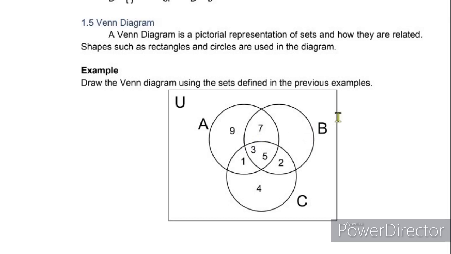As you can see, the numbers 7, 3, 5, 2 are inside set B because they are inside the circle of set B. Next is set C. It is represented by a circle in the lower part. As you notice, the numbers inside set C are its elements: 1, 3, 5, 2, and 4.